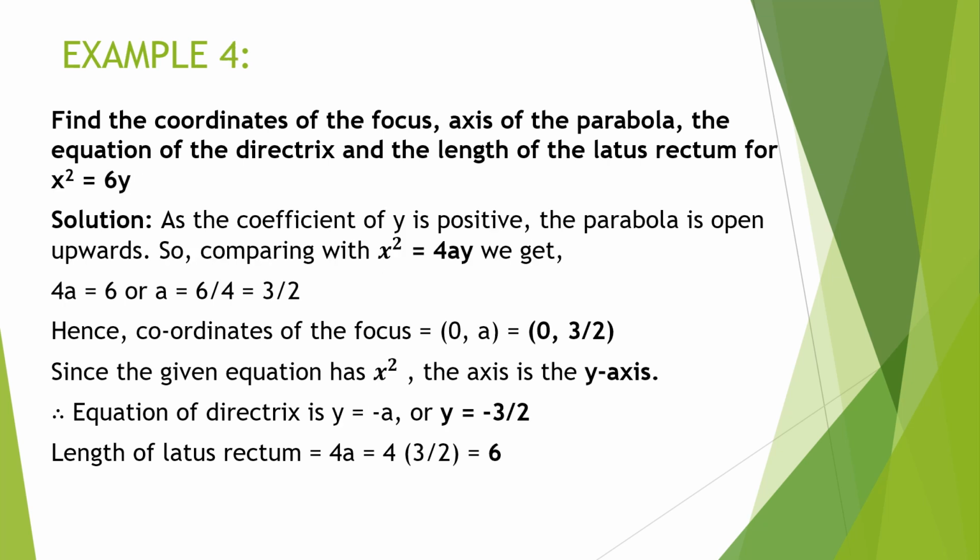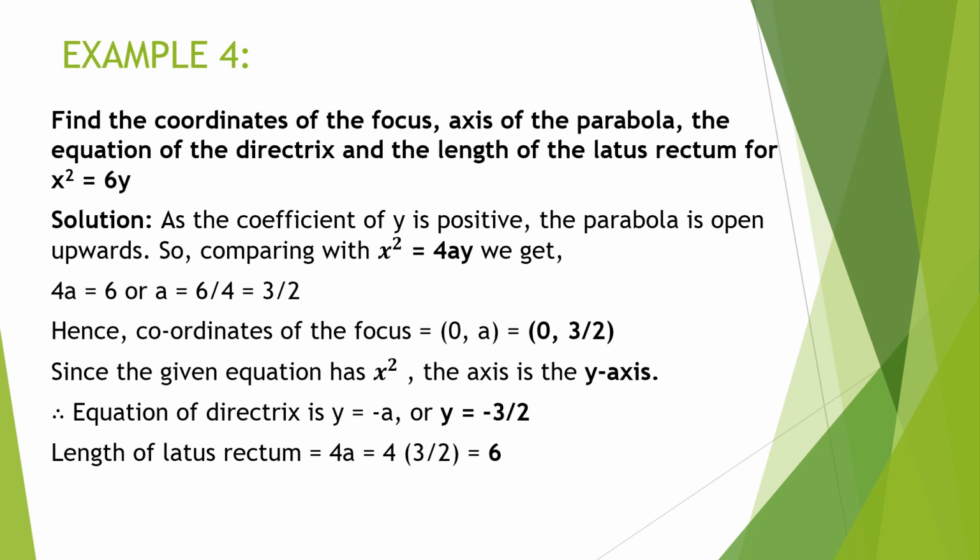Now example 4. Find the coordinates of the focus, the axis of the parabola, the equation of the directrix and the length of the latus rectum for the parabola x square is equal to 6y. Comparing with our standard form, this is of the form x square is equal to 4ay. So 4a is 6, or a is 3 by 2.